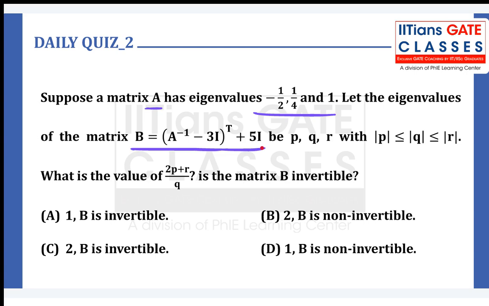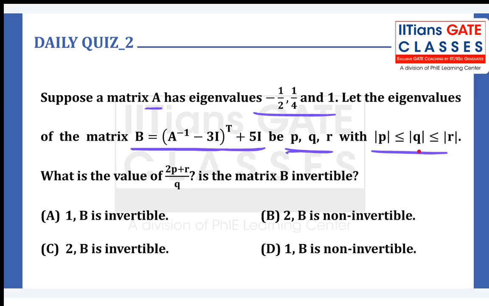P, Q, R are the eigenvalues of this matrix B, and again by magnitude the smallest eigenvalue is P and the largest is R. Here also there is a less than or equal to sign, so some eigenvalues may be equal.